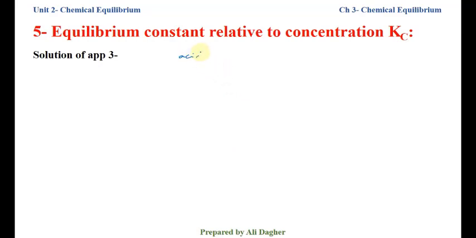The equation is acid plus alcohol gives ester plus water. At instant t, the number of moles of acid is 1 mole, of the alcohol 3 moles, of ester 0.5 mole, and of water 0.67 mole.